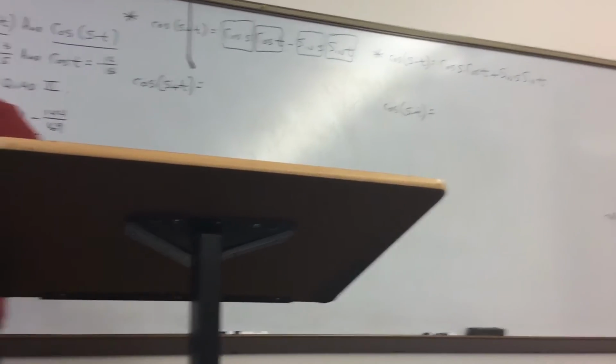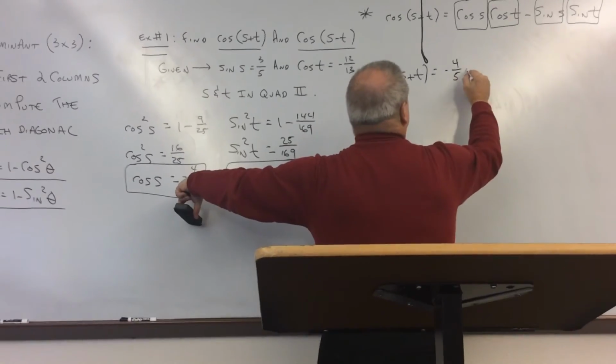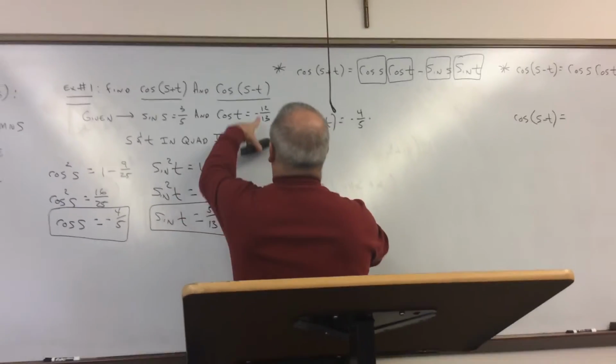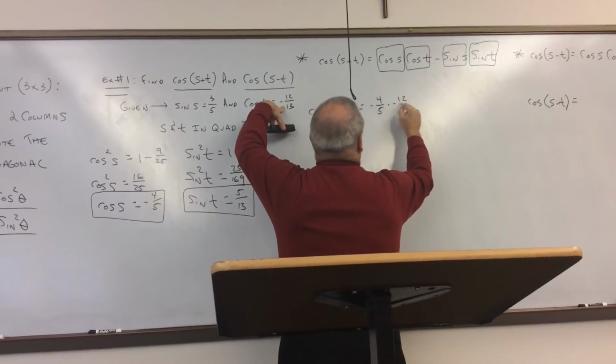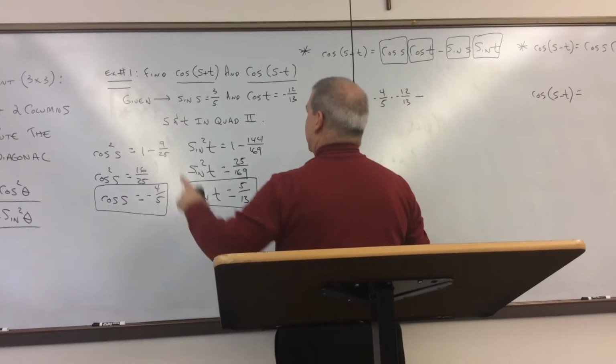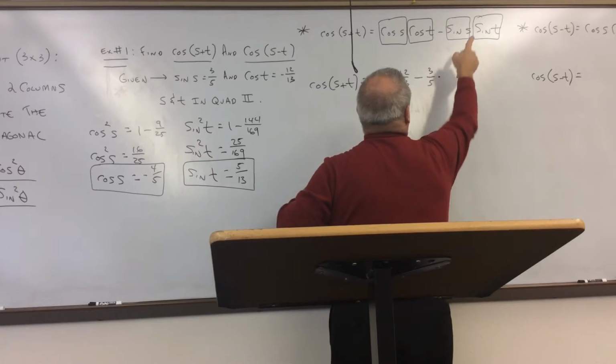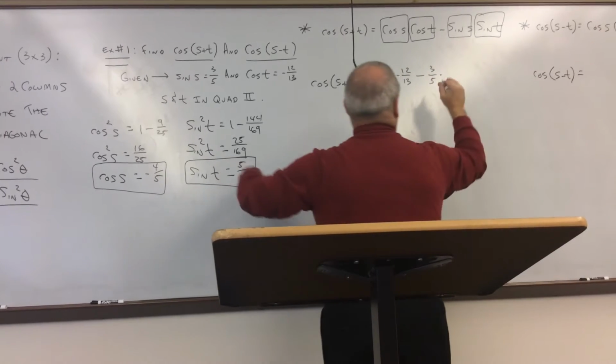So here we go. Cosine of s is negative 4/5 times cosine of t, negative 12/13, minus sine of s is 3/5. I'm just putting in all these things. Sine of t is 5/13.